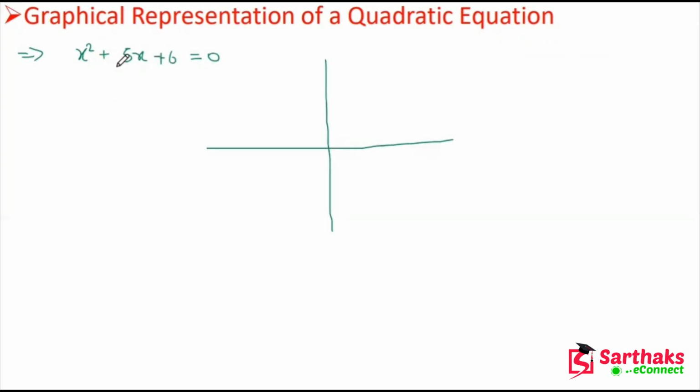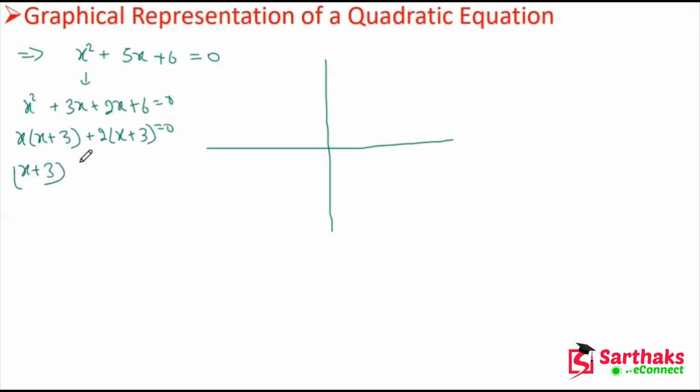Splitting the middle term, x square plus 3x plus 2x plus 6 is equal to 0, so x plus 3 times x plus 2 is equal to 0. Now we get x equal to minus 3 and minus 2. So there are two roots, minus 3 and minus 2.